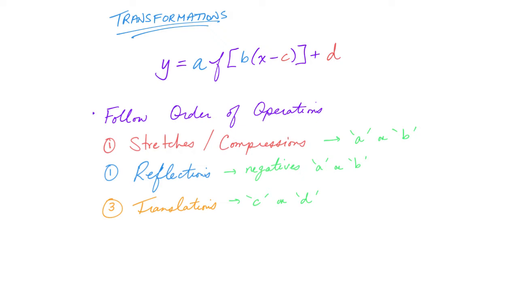So when we scan up in our big ugly function, we see that we've got A, B, C, and D, and we notice that A and B are attached by multiply, where C and D are attached by add or subtract. And so when we make reference to follow BEDMAS, follow our order of operations, we clearly have to do multiply before we do add or subtract, and that's what's going to drive the order of our transformations.